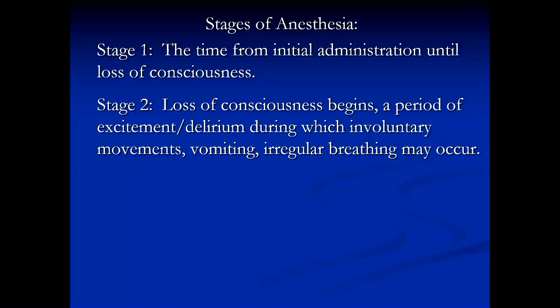The reason that this happens is likely due to, as we talked about, a disinhibitory type of mechanism in many circuits of the brain. We'll see that these general anesthetics often work by enhancing GABAergic activity in the brain.